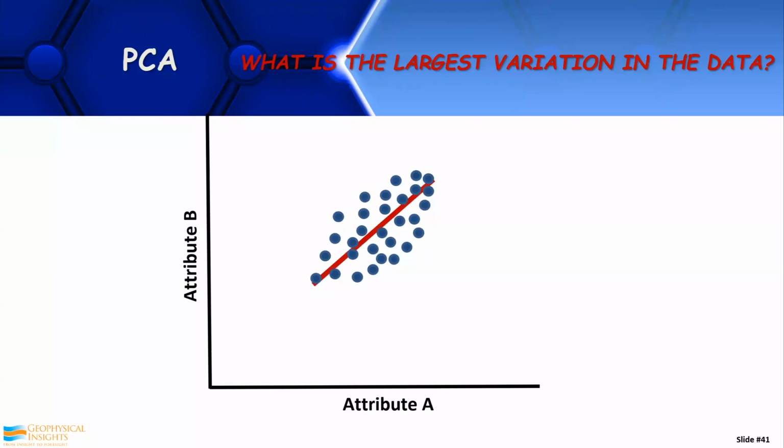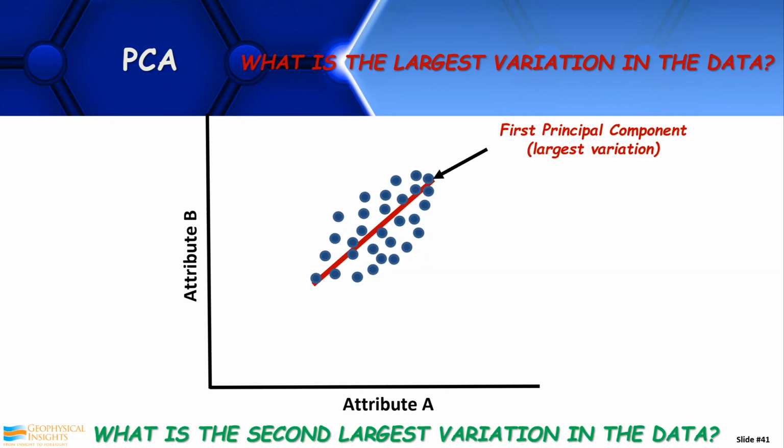That would occur along this red line. So the red line is giving us our first principal component, which is the largest variation. And what's the second largest variation in the data? It's along that green line. That's the biggest spread at 90 degrees, orthogonal to the first principal component. So that's our second principal component.